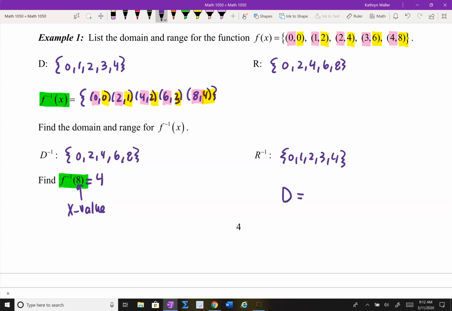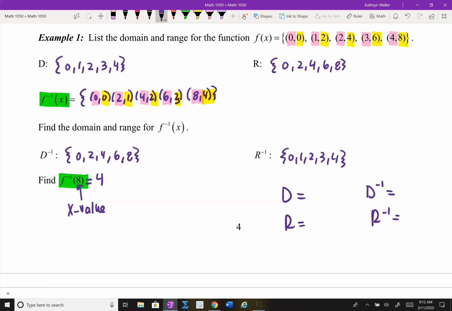Okay, I want you to write something down right here. I want you to write domain equals, range equals. And then I want you to write domain of inverse, range of inverse. So compare the domain and the range of the original to the domain and the range of the inverse. Everybody tell me what happens. I know you know. They switch. Well, it makes sense.